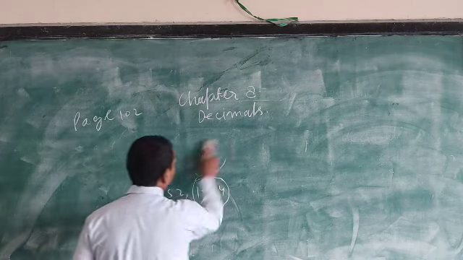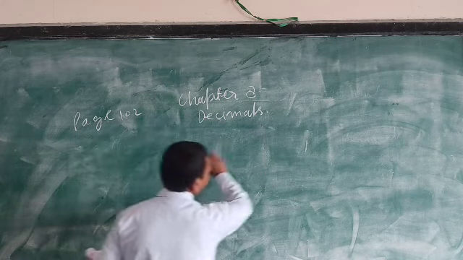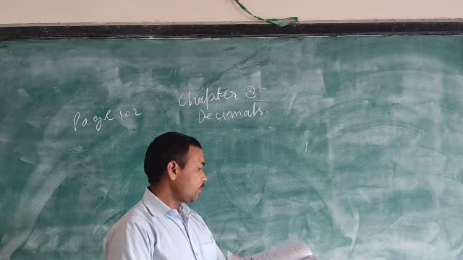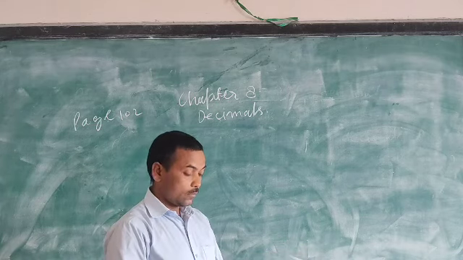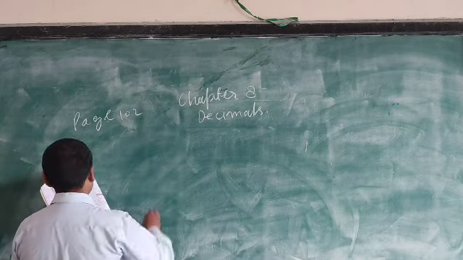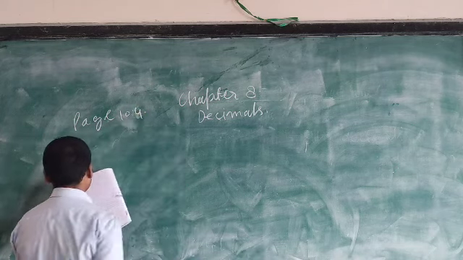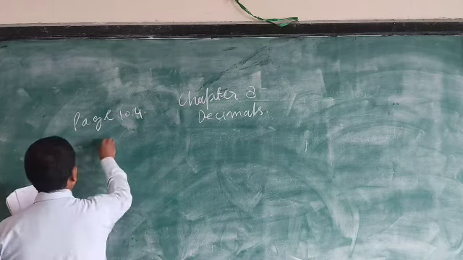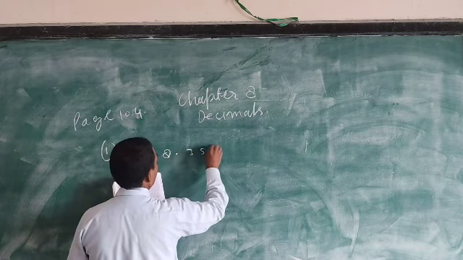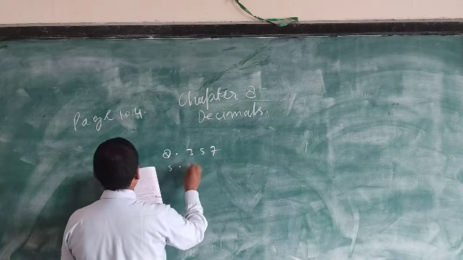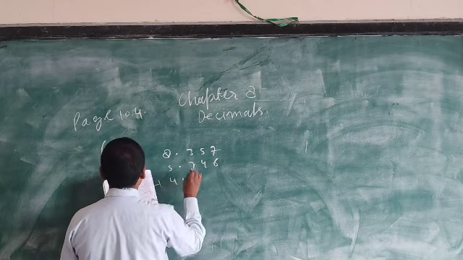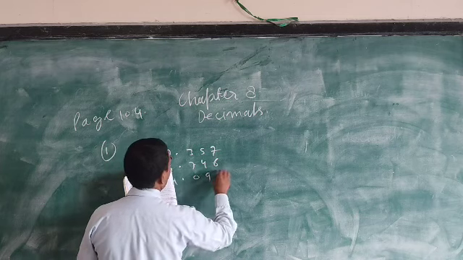Now come to the exercise. Here, page number 102. First one, this is already arranged: 5.746 plus 4.093.